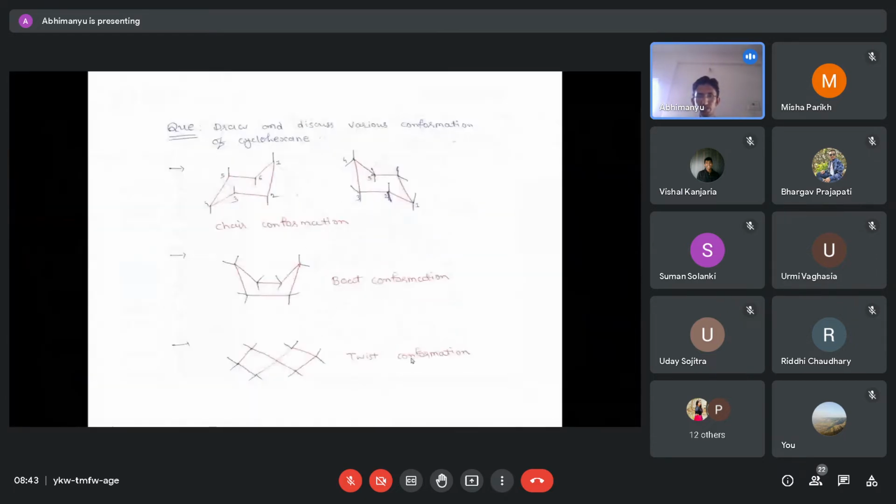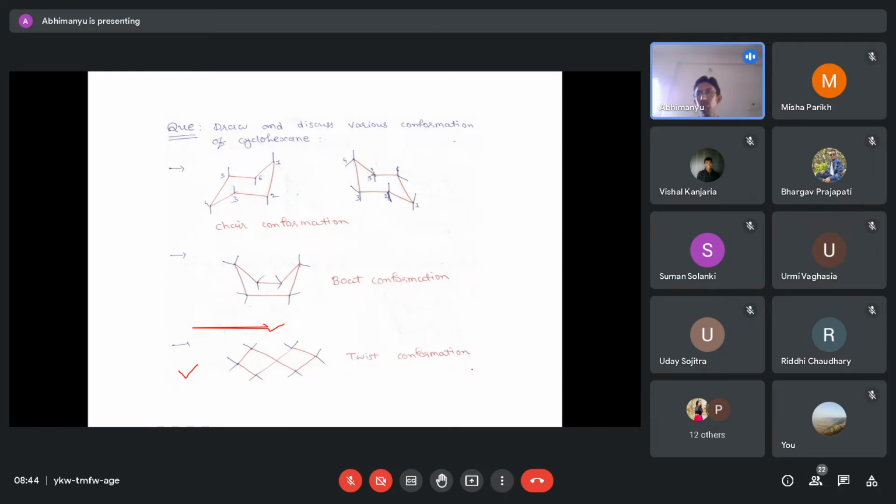So, twist conformations. Twist conformation is the highly stable conformation as compared to chair and boat. Because આની અંદર જે 1-3 ડાયએક્સિયલ કે 1-2 ડાયએક્સિયલ ઇન્ટરેક્શન કેવી હશે? Least. Due to the less number of repulsions in twist conformation, the stability of the twist conformation is the highest.